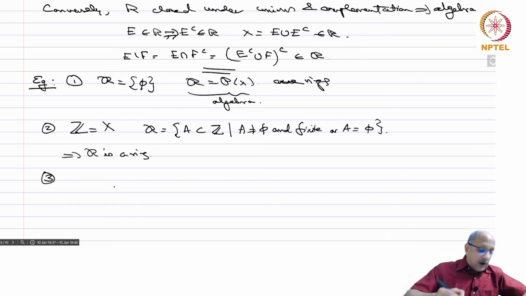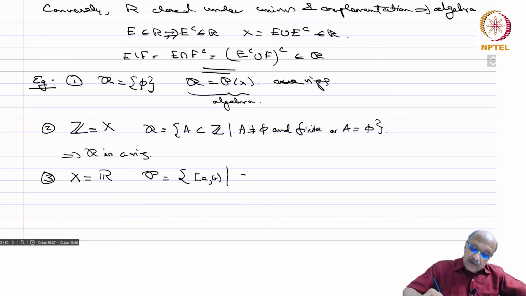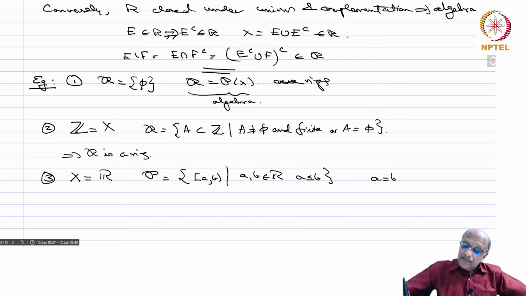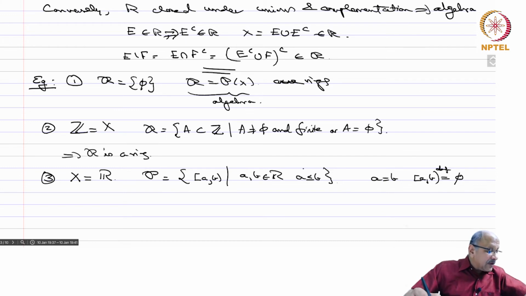So let us take X equal to R. So that is our basic set, and then we will define P. This is the set of all semi-closed intervals, left closed, right open intervals [A,B) such that A, B are in R and A is of course less than or equal to B. So if A equals B, then the convention is that [A,B), closed at A and open at B, is by definition the empty set. That's why I have written A less than or equal to B.